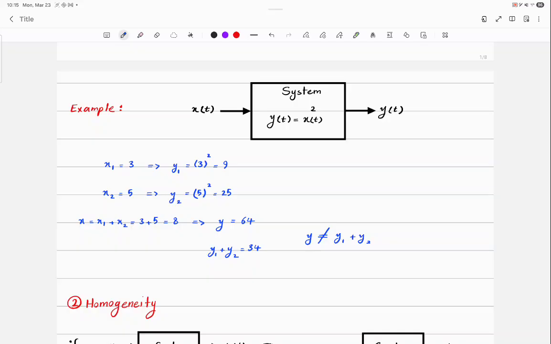Was it obvious before doing this example? How? Look at the system equation. Is it screaming I'm not additive? Because it's a squared, right?